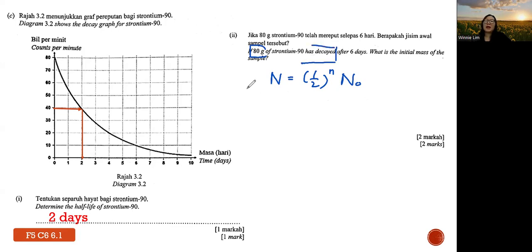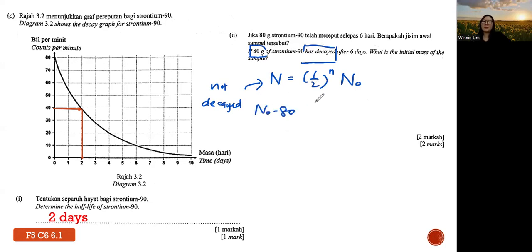But normally this N refers to the amount not decayed. So what I should do is use the part that has not decayed. I already have the 80 grams, so the amount not decayed will be N naught minus 80.